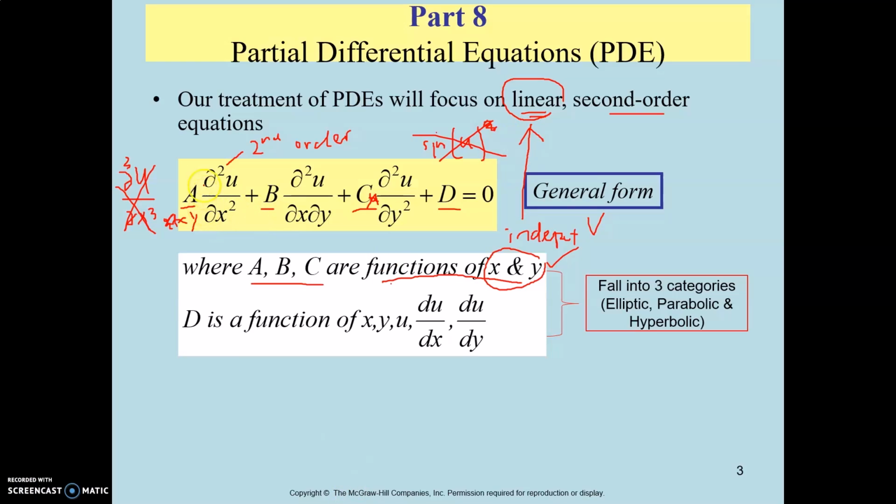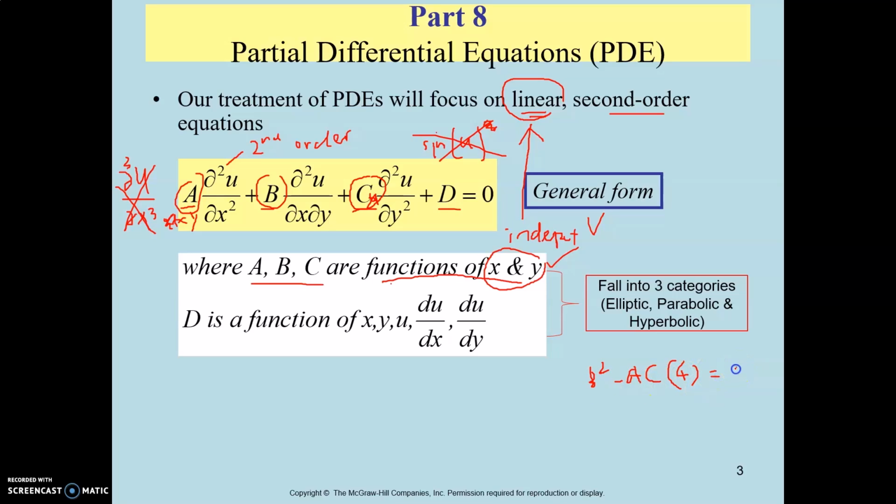Based on the A, B, C functions here, we are able to find it using this formula, b squared minus 4ac.